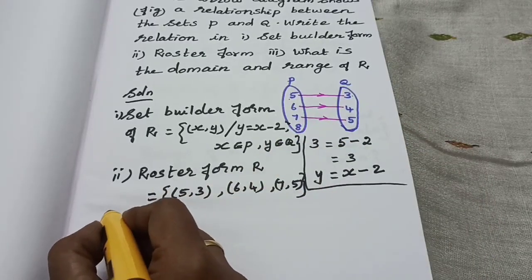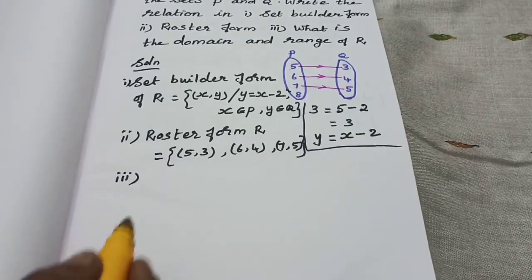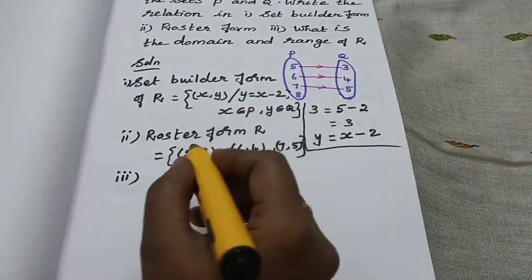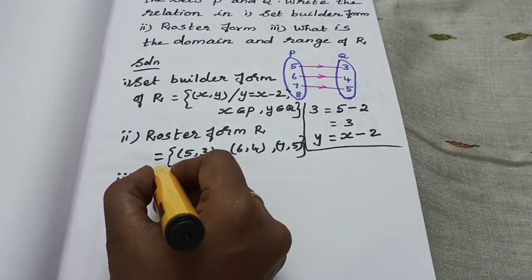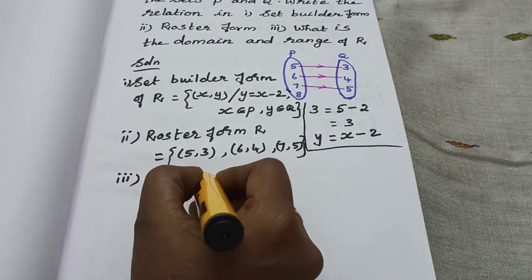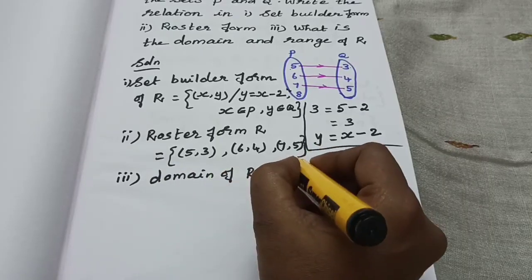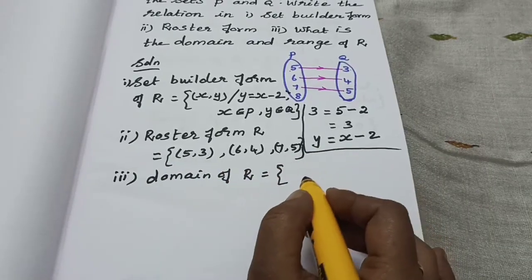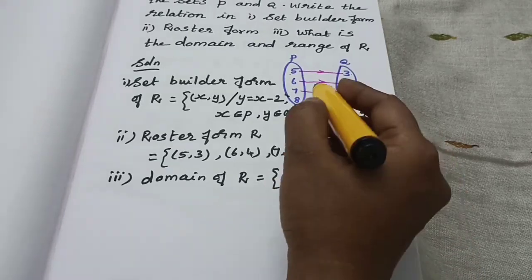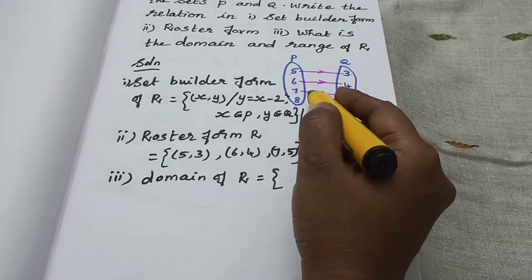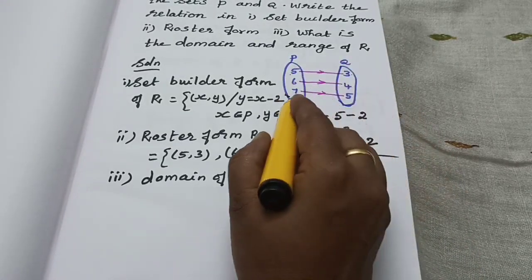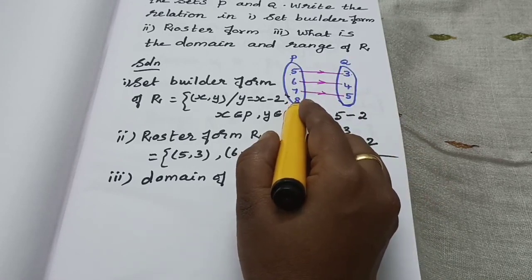Then the third subdivision. What's the question? What's the domain? So the domain of R is equal to what? What are the domain values, you say? The first elements, isn't it? Then the x values except this 8.